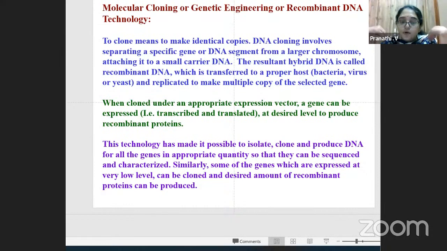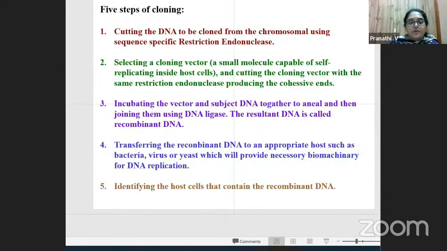The second is in vivo based cloning, which again has 6 steps: generation of the DNA fragments, then recombination of these DNA fragments. Then you have the vectors, which are the carriers of the DNA.